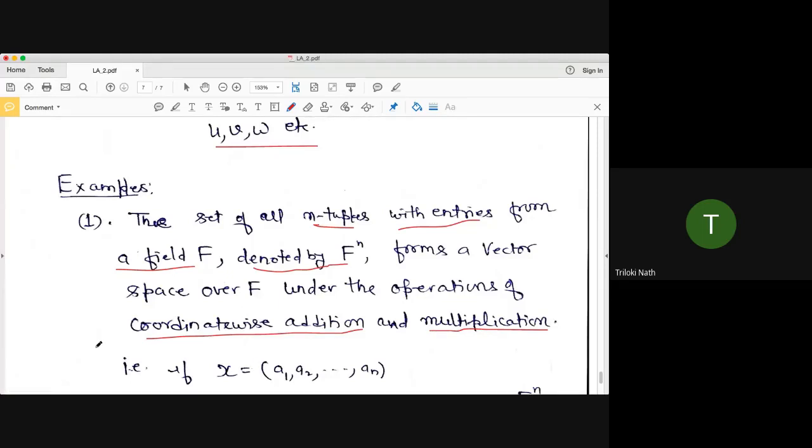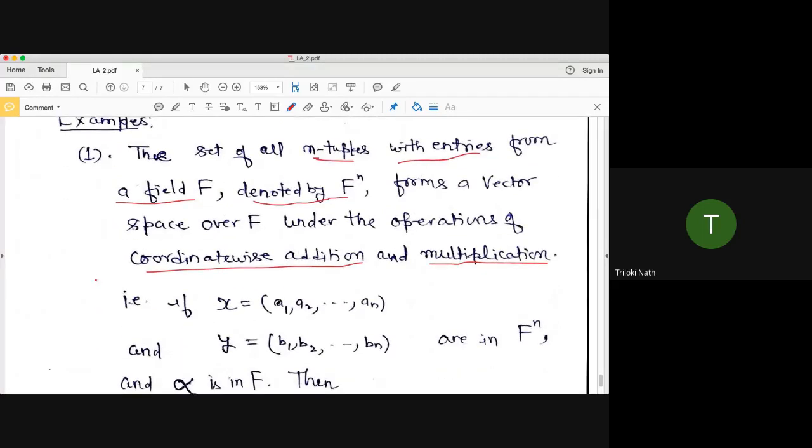Suppose that x is an n-tuple (a1, a2, ..., an) and y is also an n-tuple (b1, b2, ..., bn) in F^n. F^n means F cross F, that is the direct product, the Cartesian product, F cross F cross ... cross F, n times. That is, a1 is from F, a2 is from F, an is also from F.